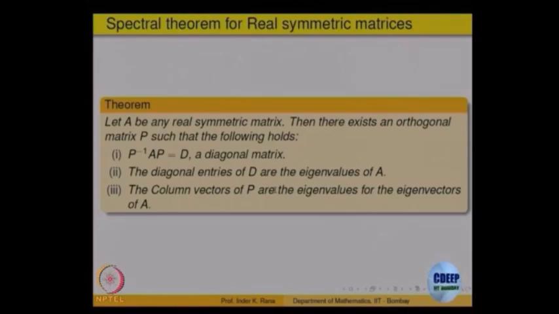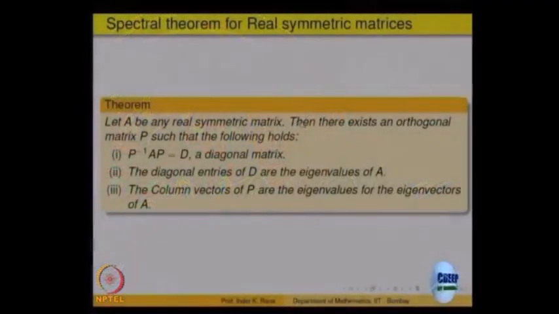So, for each eigenvalue we will have the eigenvectors; there is a basis consisting of eigenvectors because it is diagonalizable. So, we can convert that basis to an orthonormal basis, and this says that for a real symmetric matrix this will always happen.